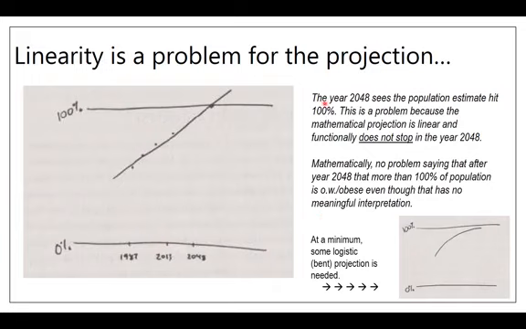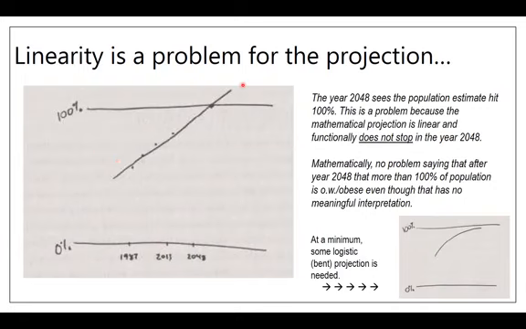The other problem with the linearity is if you keep growing this thing the way they've done it in this chapter, drawing a straight line through here and projecting the growth in the obesity population as a percentage, well, once it hits 100% in 2048, everyone is obese.